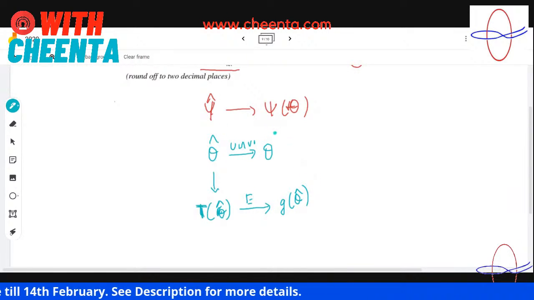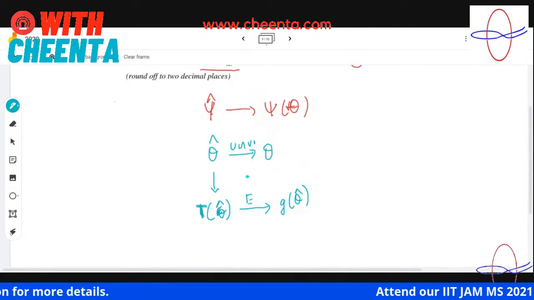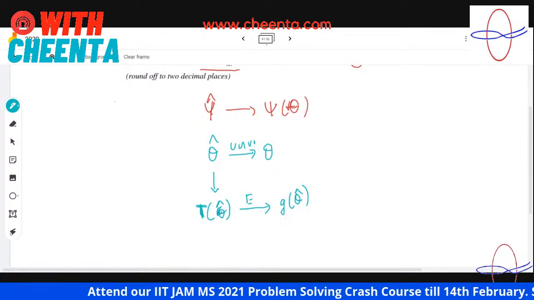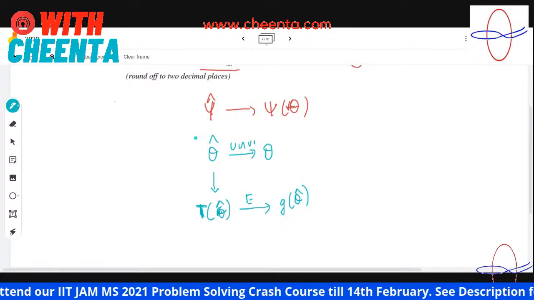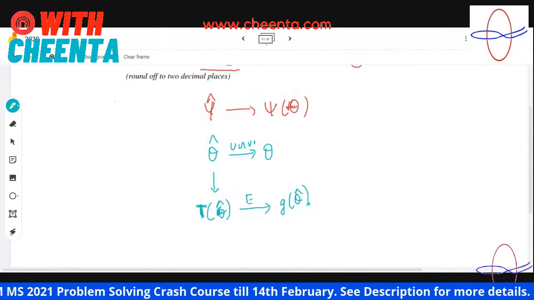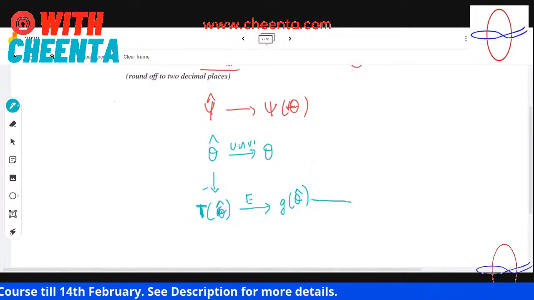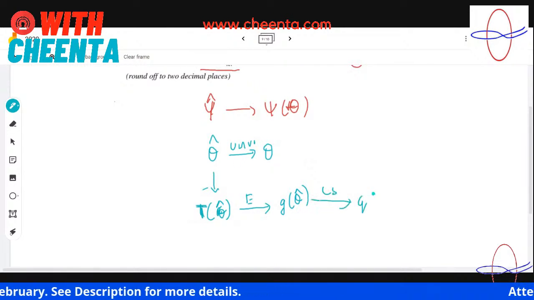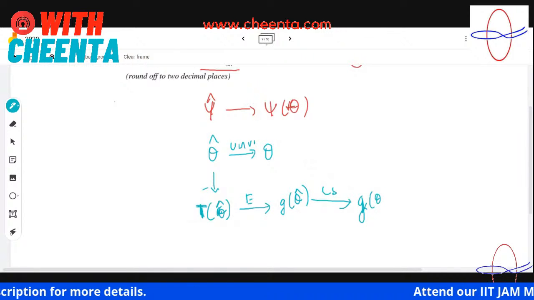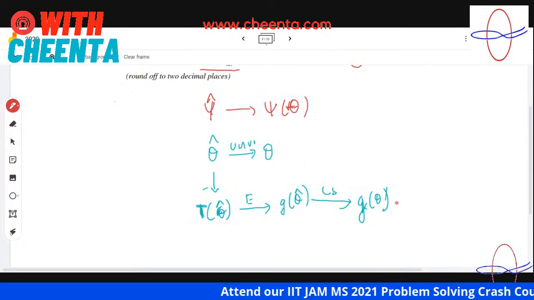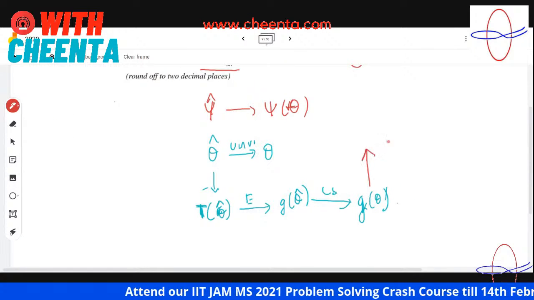So we know that a function of a complete sufficient statistic is also a complete sufficient statistic, right? So therefore g of theta hat is also complete sufficient for this parameter, for this g of theta. So therefore what do we get?